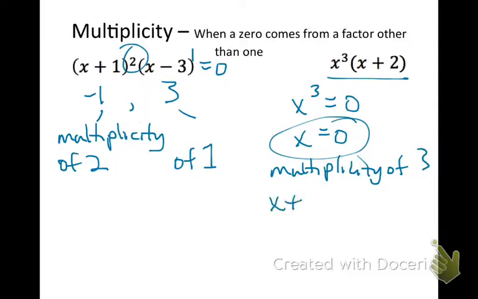And then if we set x plus 2 equal to 0, this just has a multiplicity of 1. So you look at the power that the factor comes from, and if it's other than 1, you say it has a multiplicity of whatever that power is.